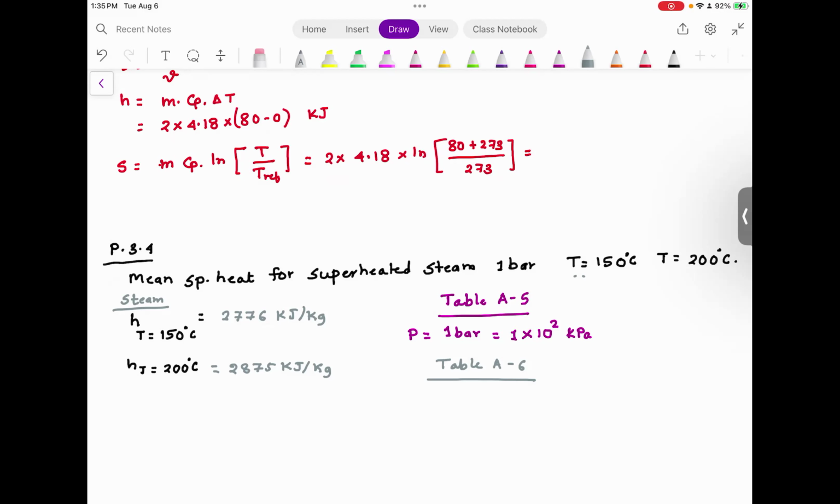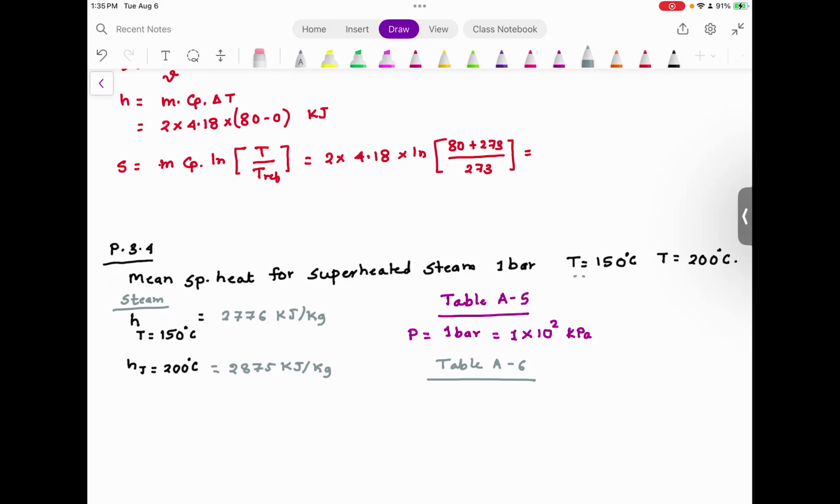You have a TS diagram for the water, which is figure A9, wherein you have pressures and temperatures. You can use either figure A9 or figure A10.